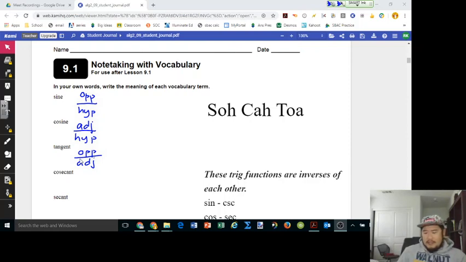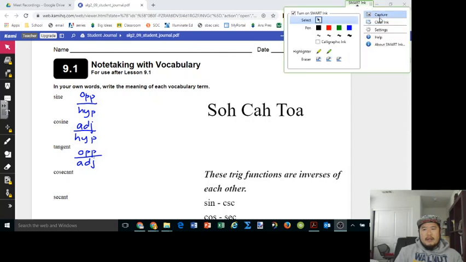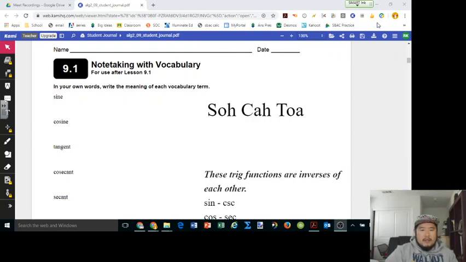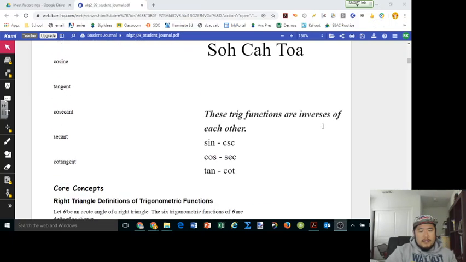There's a total of 6 different ones. In geometry, you only went over 3 of them. And let's take a look at the other 3. As I scroll down right here on the right hand side, I put these trig functions are inverses of each other.